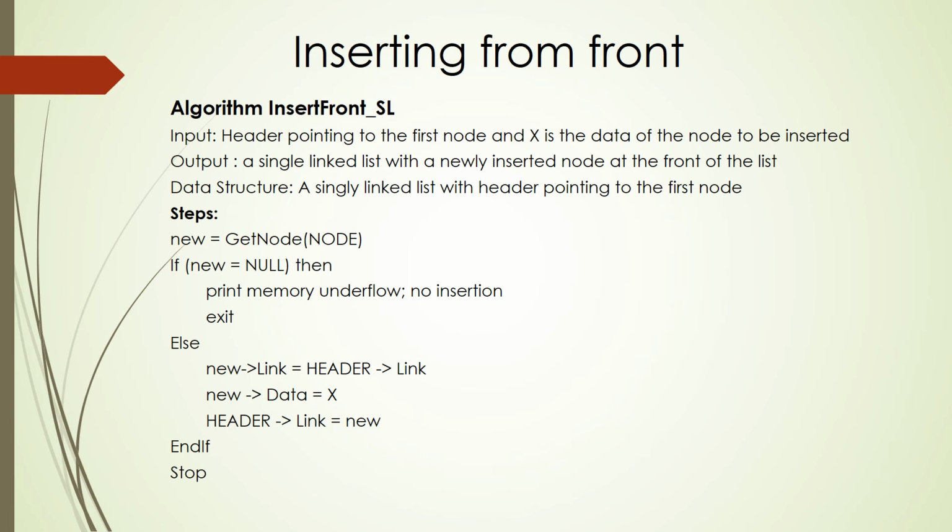So what will be the steps? First one is that you have to create a node. That is written in the procedure, which is new is equal to getnode. You have an assumption that NODE is something which defines your original node structure.